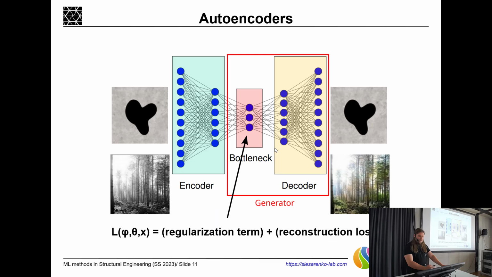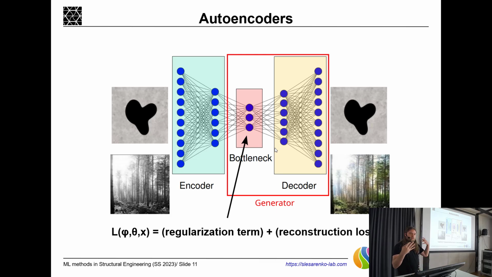So for training, this alters our loss function. We still have our reconstruction loss from our standard autoencoder, but we then get some term here that wants us to fit this distribution nicely on this bottleneck.